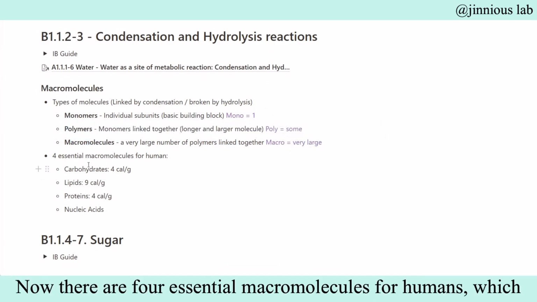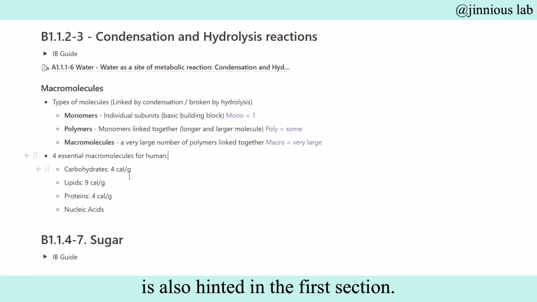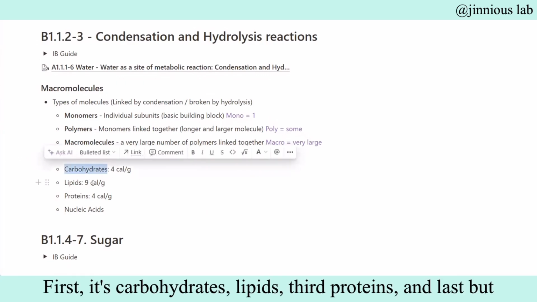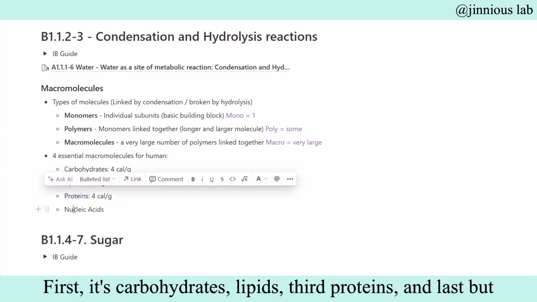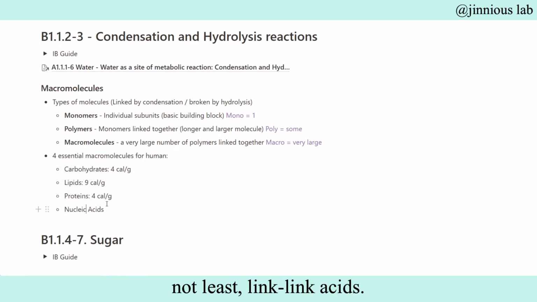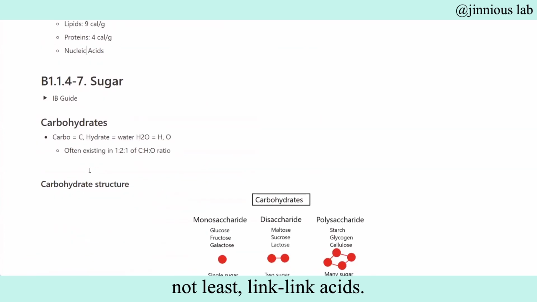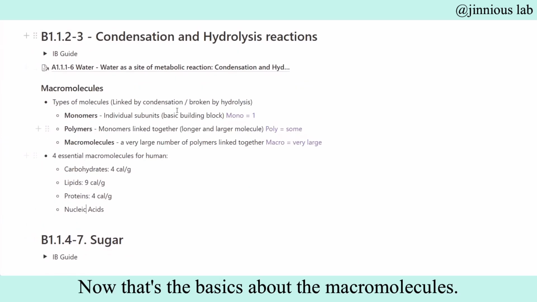Now, there are four essential macromolecules for humans, which is also hinted in the first section. First, carbohydrates, second, lipids, third, proteins, and last but not least, nucleic acids. Now that's the basics about the macromolecules.